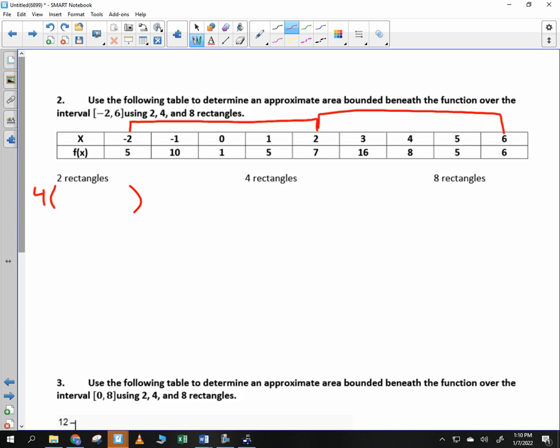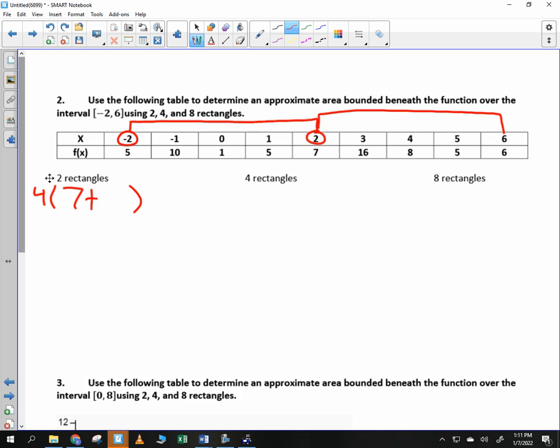So I have my 2 rectangles. All we need to determine is the heights, right? So in order to determine the heights, would I plug in -2 or +2 for the first one? +2, because we are going to the right-hand side. If you plug in +2, what's the output of the function? Ooh, look at that. The function output is 7.